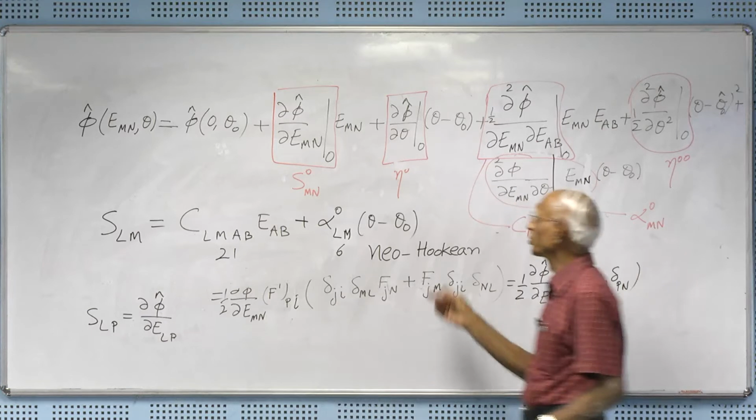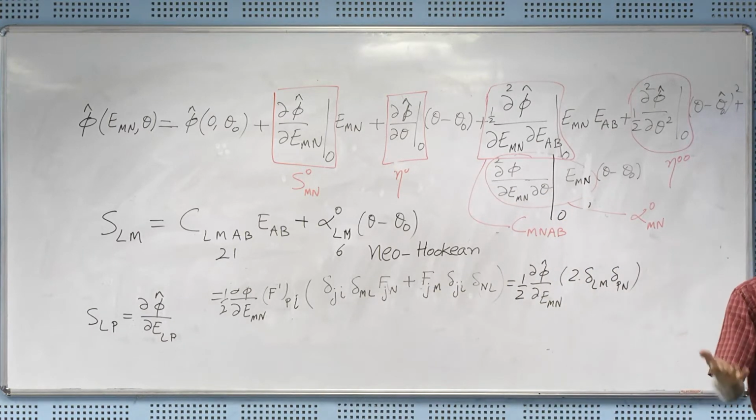So we call it neo-Hookean because it looks like Hookean, but now it is valid for finite deformation. But it is the second Piola-Kirchhoff stress tensor, whereas in the Hookean case, all stress tensors are the same. For Hookean material, like linear elastic material, deformations are small. First Piola-Kirchhoff, second Piola-Kirchhoff, and the Cauchy stress tensor reduce to the same thing. I have not shown you that, but basically you are taking my word for it at this time.